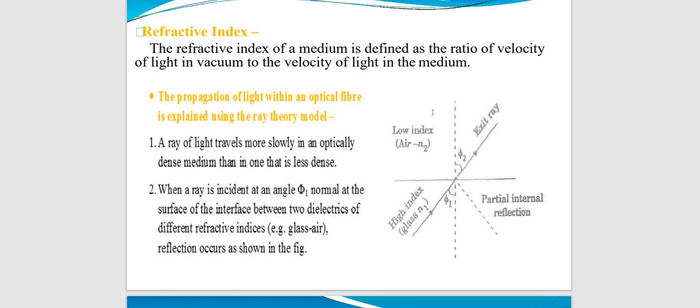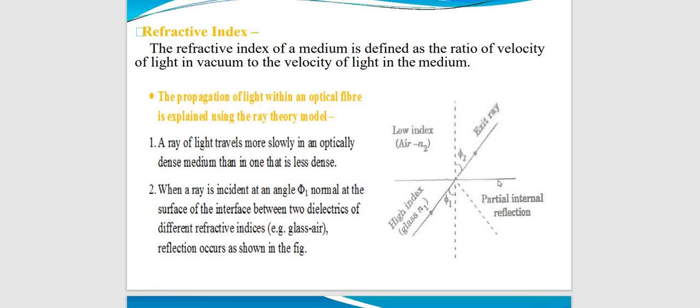As I said, if one medium is air and another medium is glass, then the reflection occurs as shown in the figure. Here we can see the incident light ray. First of all, it is refracted towards the medium N2. When you increase this angle, the incident ray will be refracted in the medium N2 at an angle of 90 degrees.